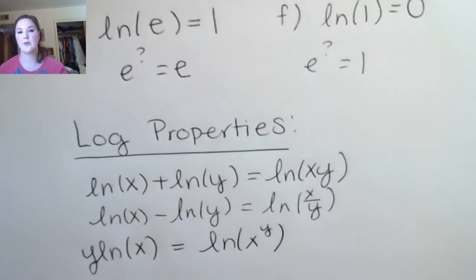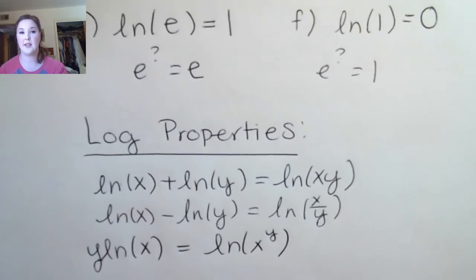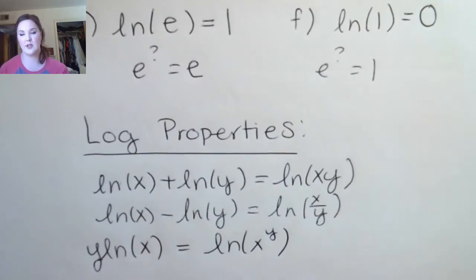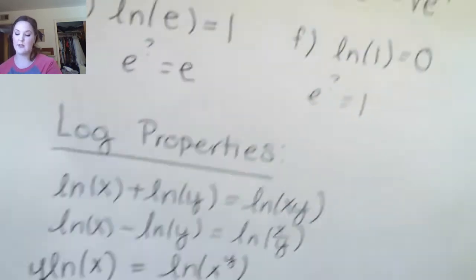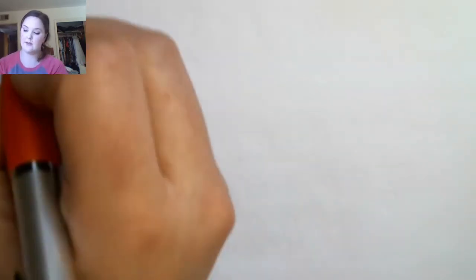Those are the 3 main log properties, and again, they're exactly the same as we talked about before. They're just written with the natural log notation instead of log base e notation. Okay, so let's do a couple examples with this.